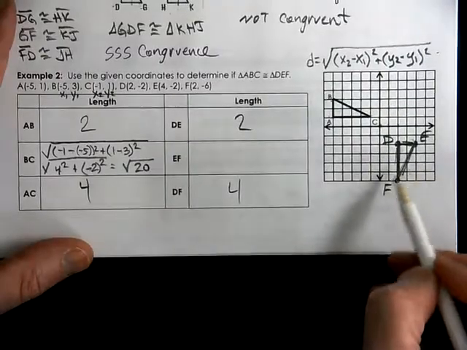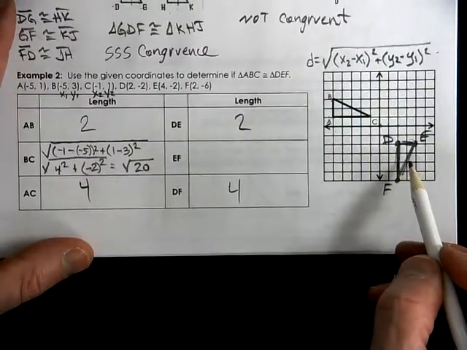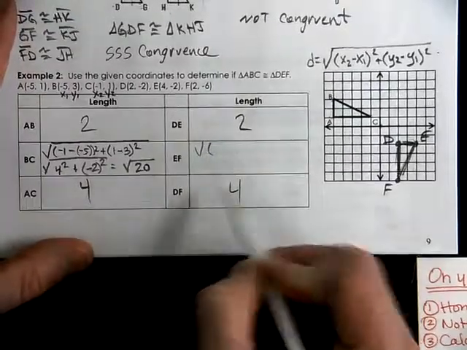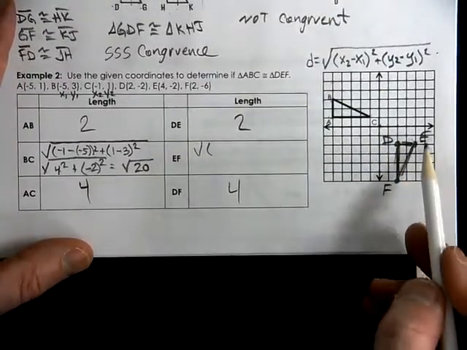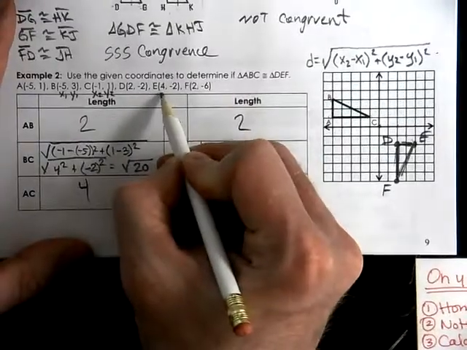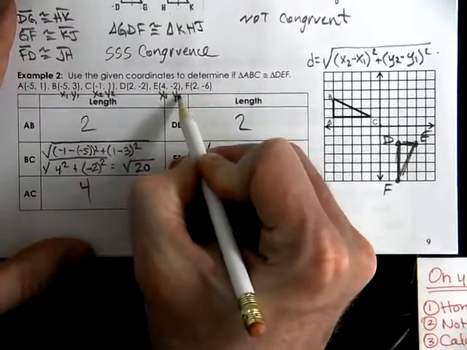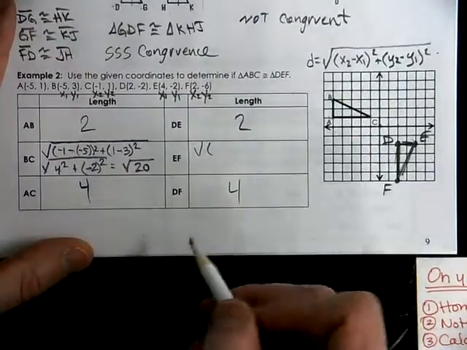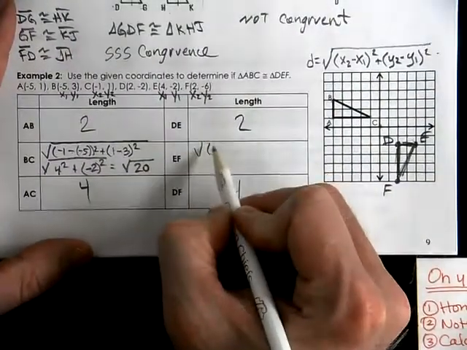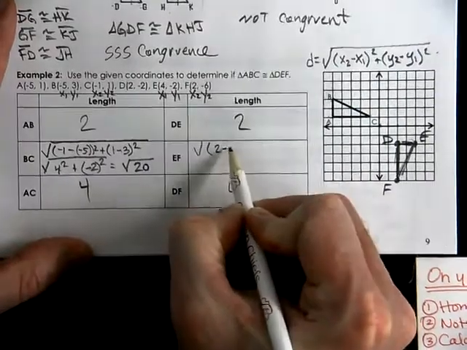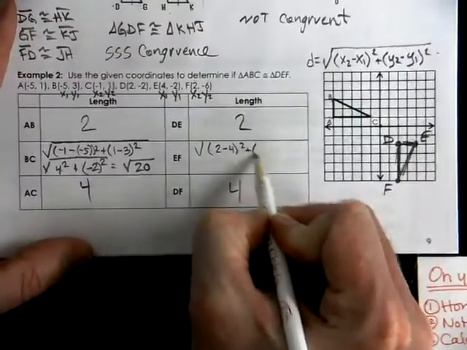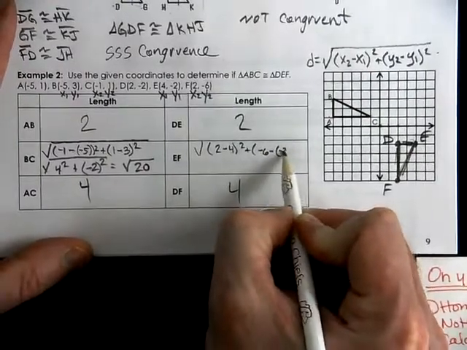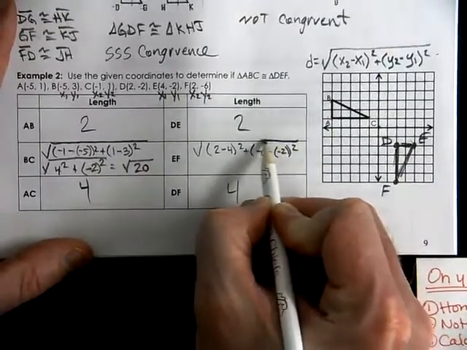I assume this middle one might match, but it doesn't have to match. So let's go ahead and do the calculation. We're going from E to F, so we'll call this x1 and y1, x2 and y2. It really helps if you label your points. So x2 minus x1 squared, and y2 minus y1 squared.